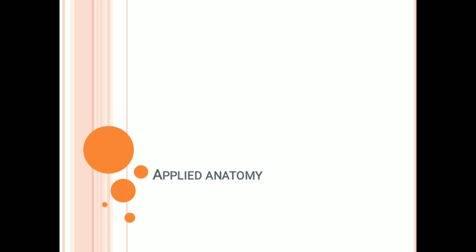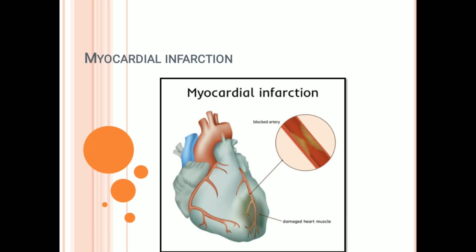Next, we look into the applied anatomy of the blood supply. The first one is myocardial infarction. What will happen? Thrombosis in the coronary artery completely obstructs the blood flow and results in a heart attack. You have heard about a heart attack, right? Heart attack is a layman's word, but here we call it MI, otherwise called myocardial infarction.